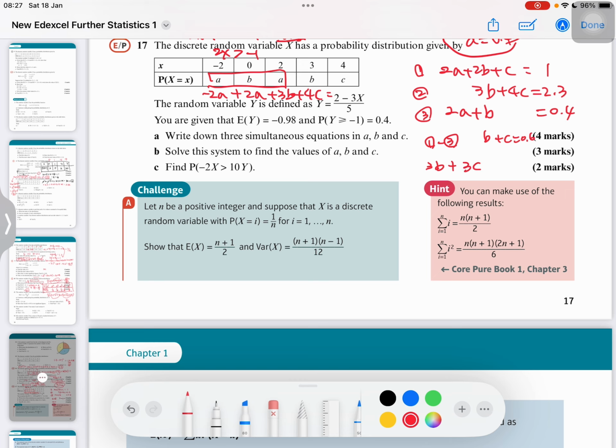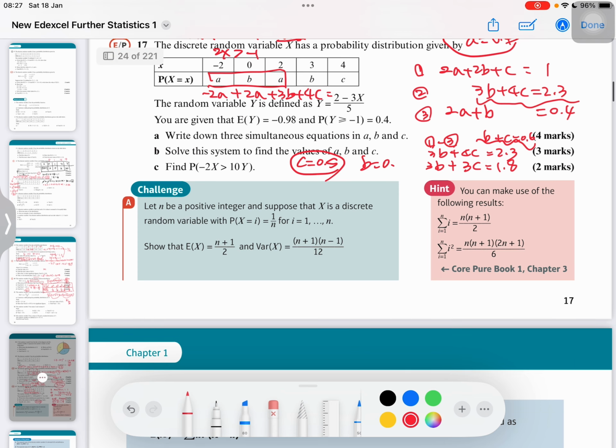So 3b plus 3c equals 1.8. Then compare with 3b plus 4c equals 2.3. Therefore, c equals 0.5. Then b equals 0.1. Then a equals 0.1. But this is not correct because it doesn't work.